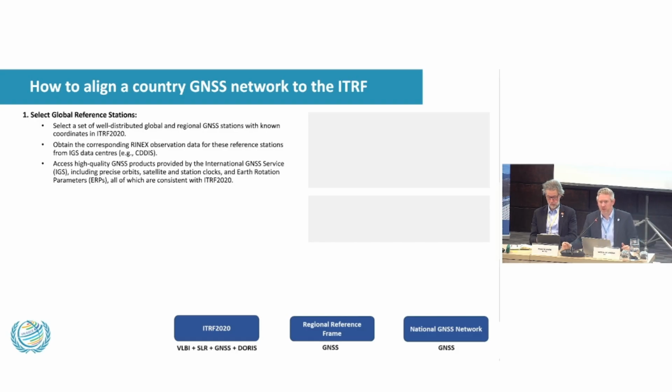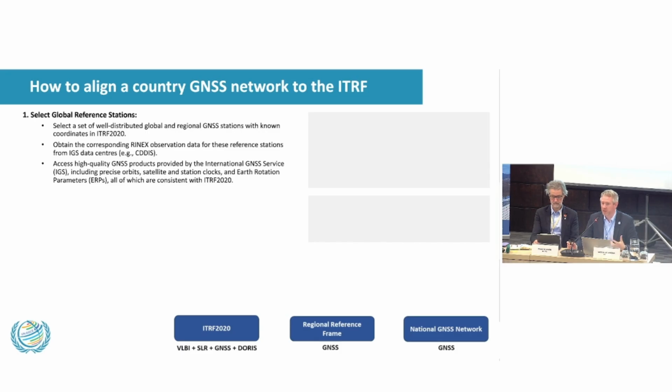So for those of you who don't know, the IGS is the International GNSS Service, and it's organised through the International Association of Geodesy, and they're doing all the coordination work to bring these GNSS data sets that are being shared around the world together and make them available openly to the community.